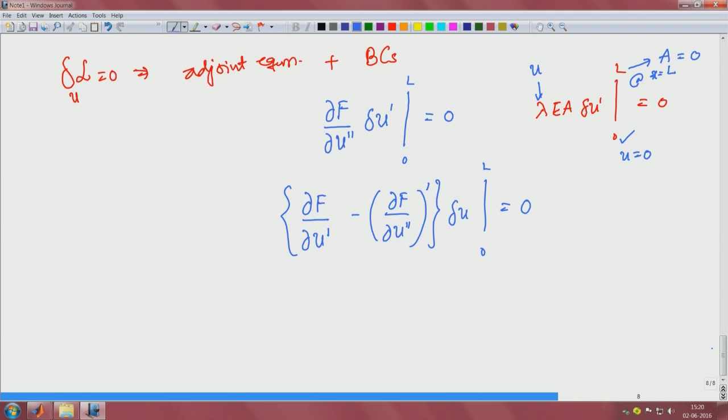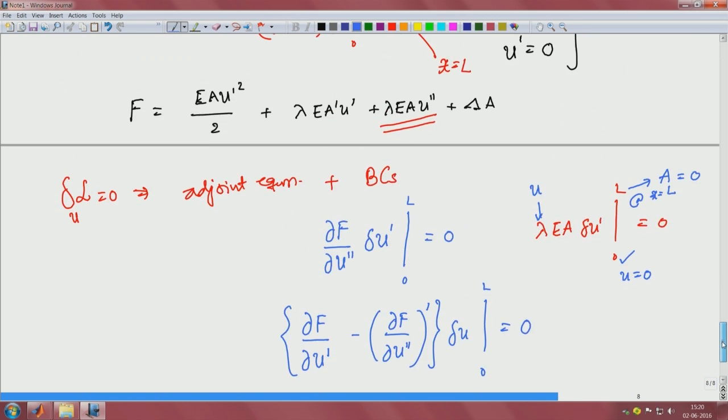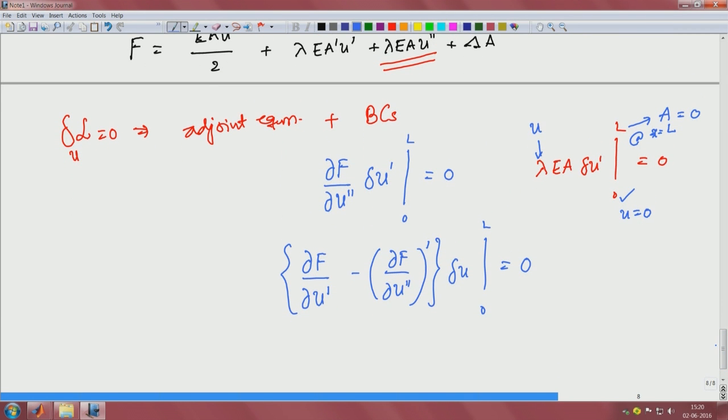Now similarly we can write for the next one, right. So this F is there, this is done. We got something interesting what we need there, alright.